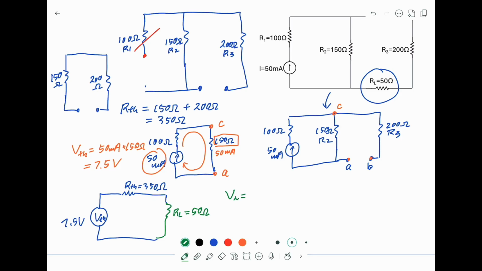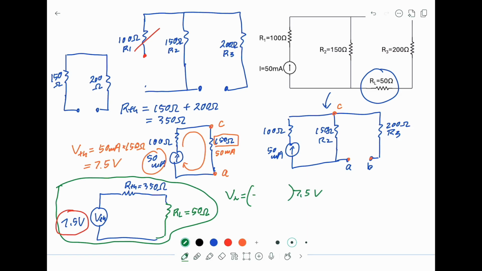And this is again a potential divider. So VL is proportional to 7.5 volt. And the denominator of the proportional constant is 350 plus 50. The numerator is 50. So the voltage across the load resistance is 0.9375 volt.